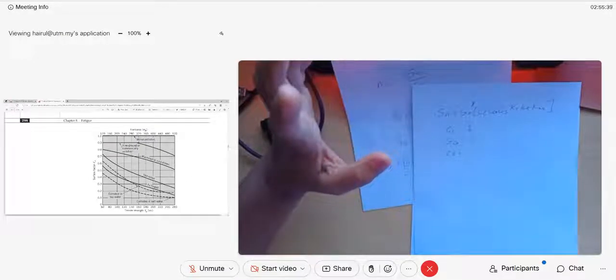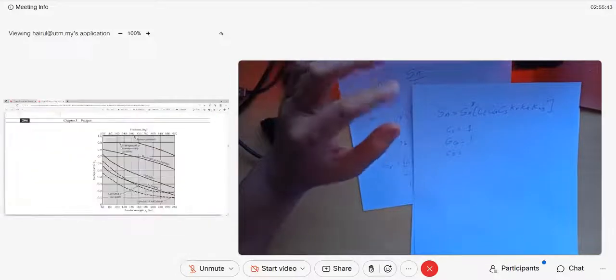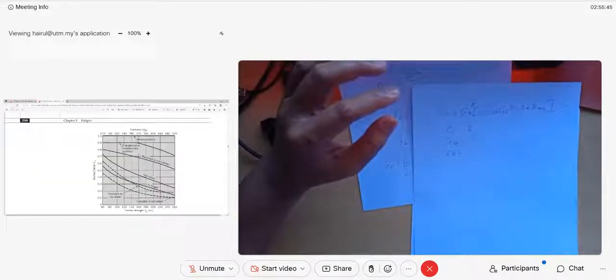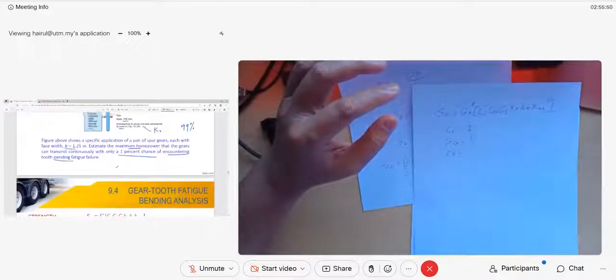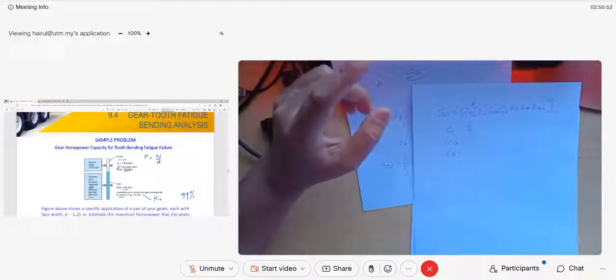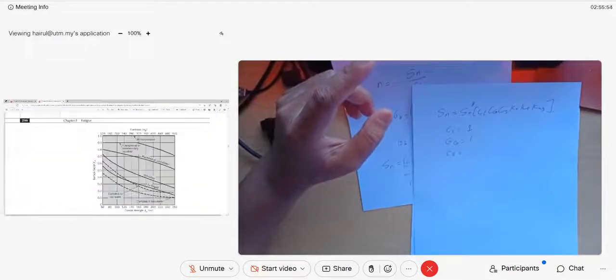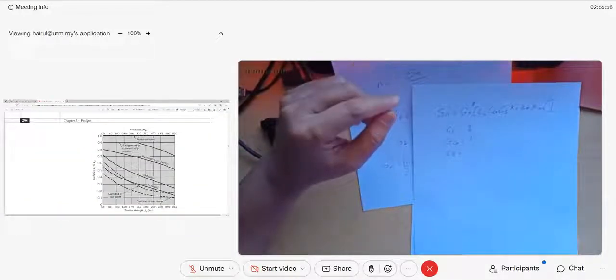Normally the gear is what, machined? Now we have hardness. The pinion is 330 BHN. Above you see the hardness HB axis, 320, 330, 340, 360; 330 is somewhere here in the middle.